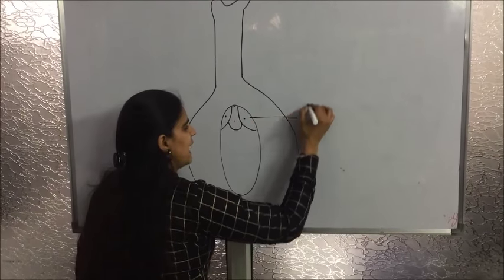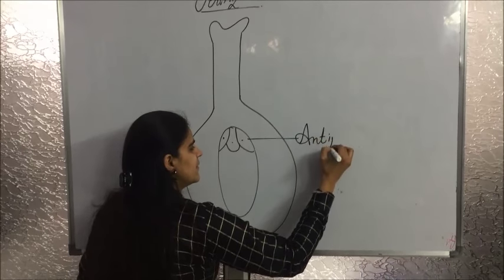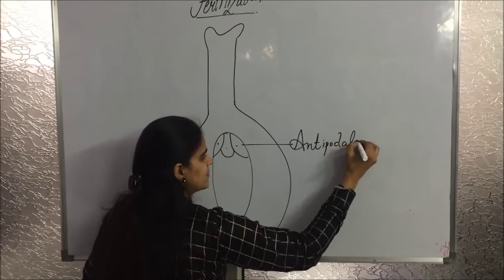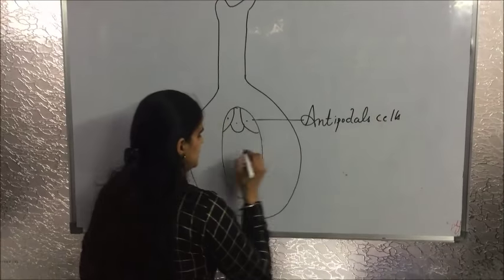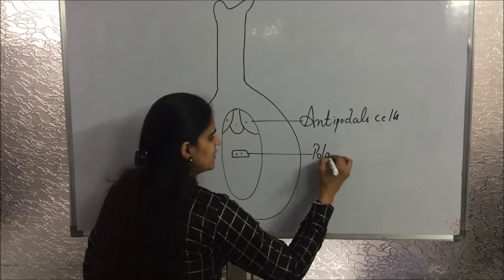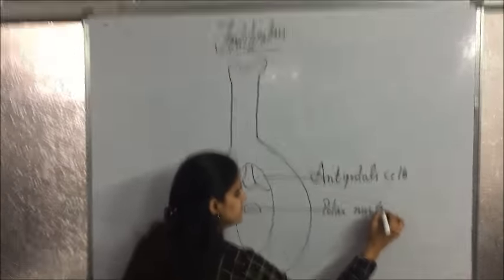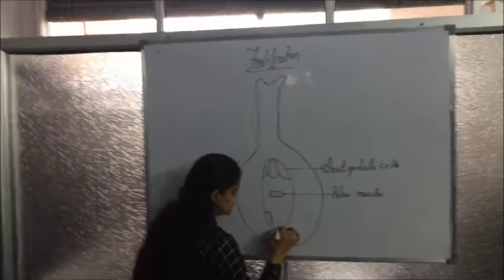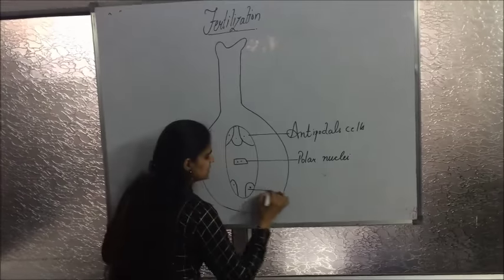These 3 are called antipodal cells. These 2 are called polar nuclei. And last, these 2 are called synergids.